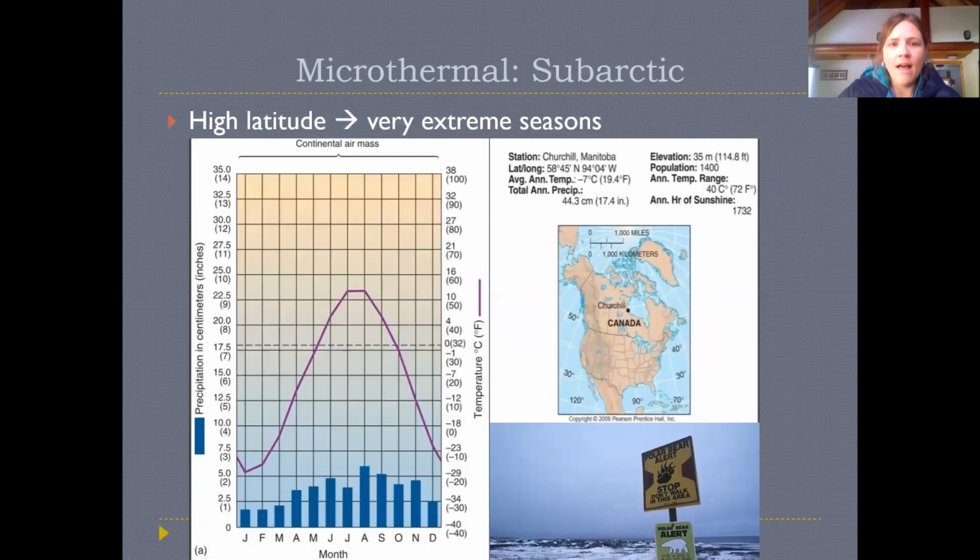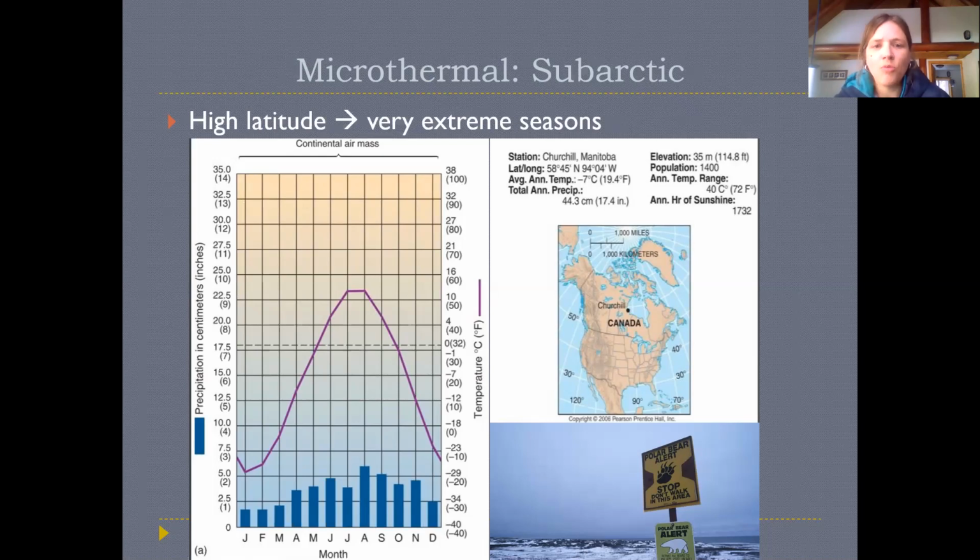Okay, then we have the subarctic zone. So this would be like farther up in Canada, farther up in Siberia, farther up in Scandinavia. And we see a similar climate pattern of warmer in the summer, a little bit wetter in the summer, drier in the winter. But this purple line is just going much lower in the wintertime.